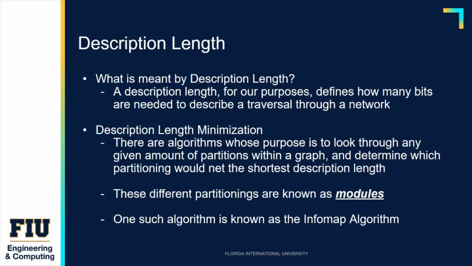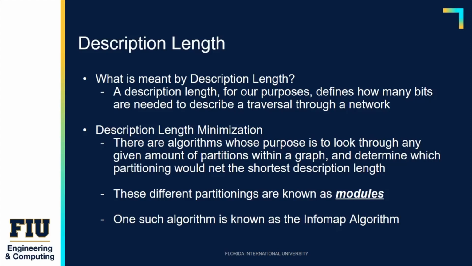And so, using that, we would want to try to minimize the description length. There are algorithms whose purpose is to look through any given number of partitions within a graph and determine which partitioning would net the shortest description length. Those different partitionings are known as modules. One such algorithm that we are implementing is known as the Infomap algorithm.